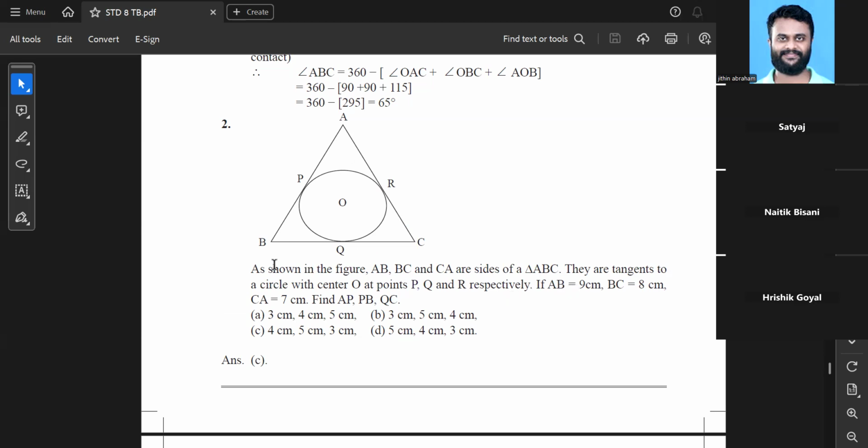If AB is 9 centimeters, BC is 8 centimeters, CA is 7 centimeters, find AP, PB, and QC. Okay.